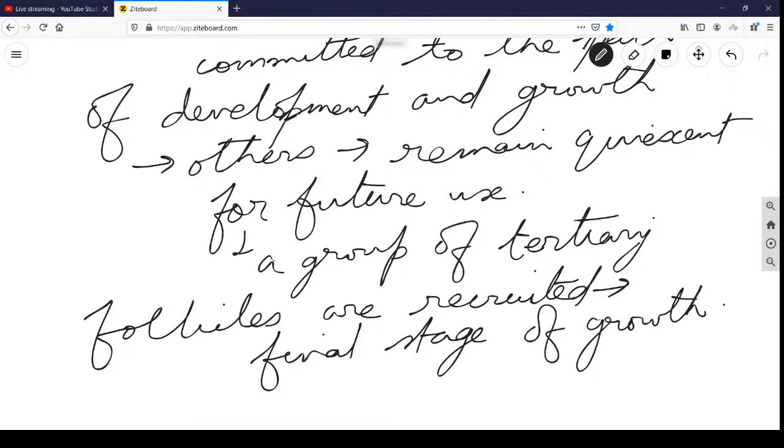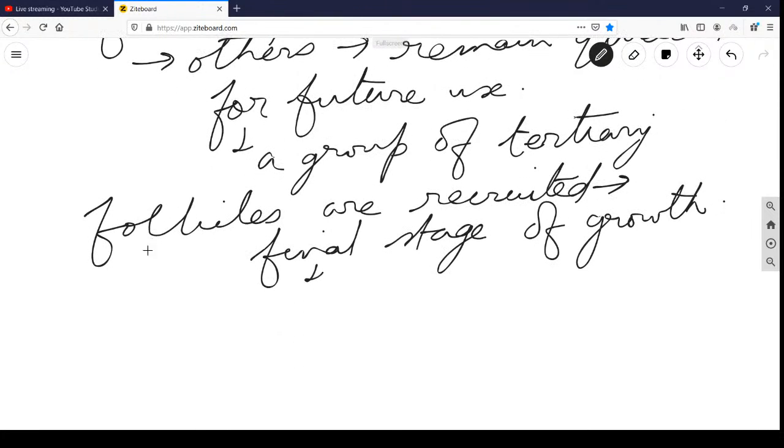This special selection that occurs during each cycle is known as cyclic recruitment.